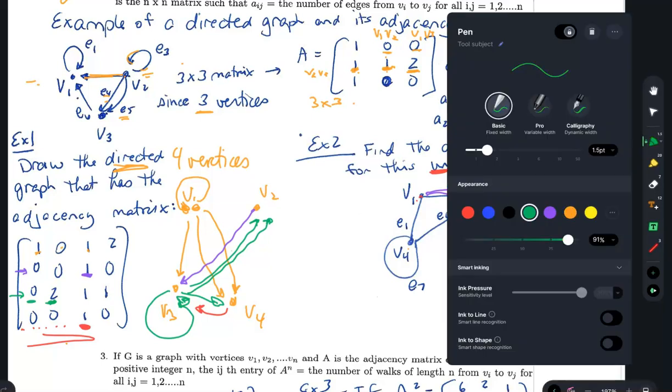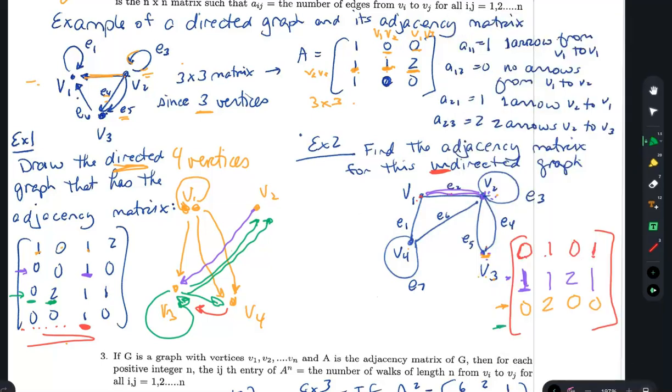All right, then the last one would be what our V4 vertex is doing. V4 to V1, yes, I've got one edge. V4 to V2, yes, I've got one edge. V4 to V3, no, nothing happening there. And V4 to V4, yes, I've got that loop. So there's one edge there.